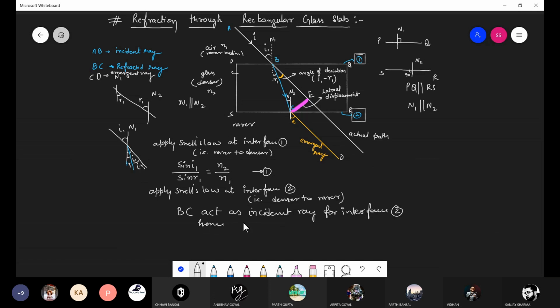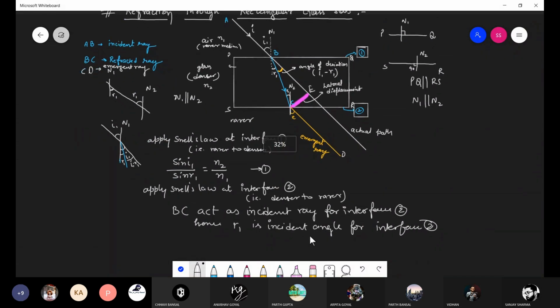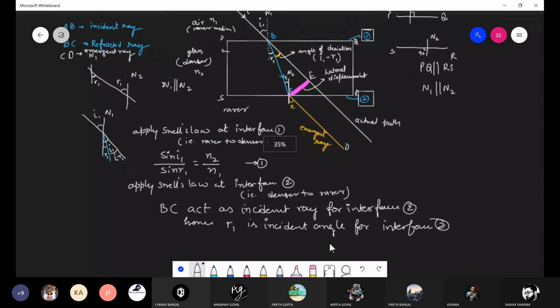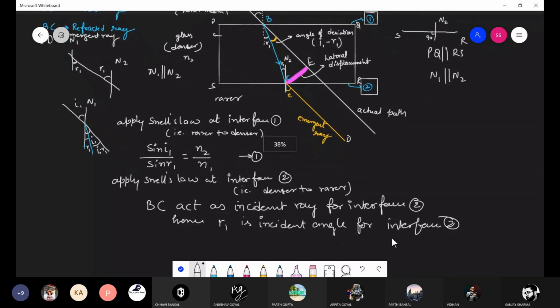Hence R1 is the incident angle for interface number 2. Now do you understand why we are saying that R1 is the incident angle for the second interface?